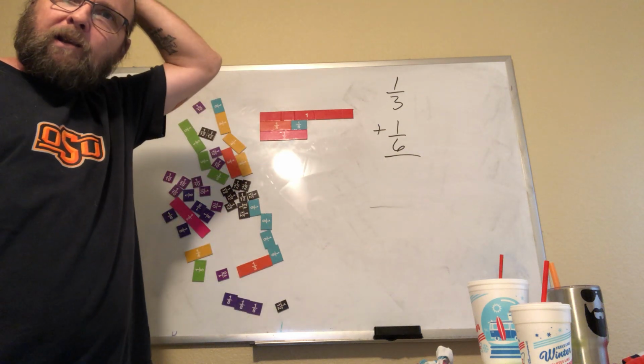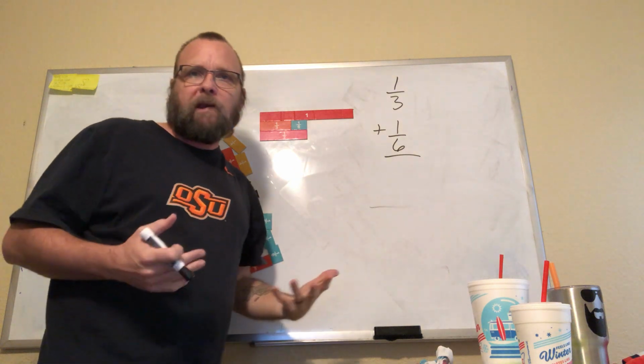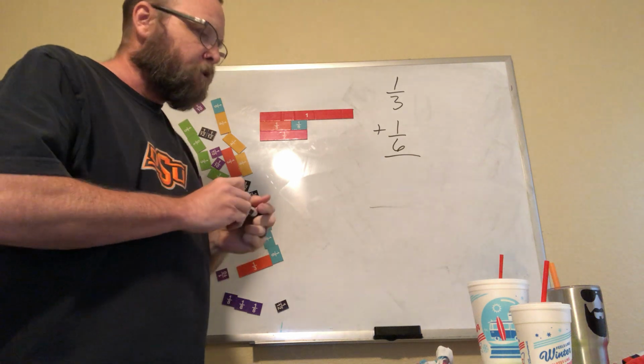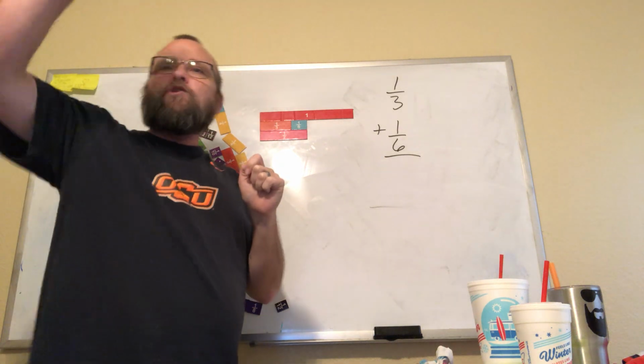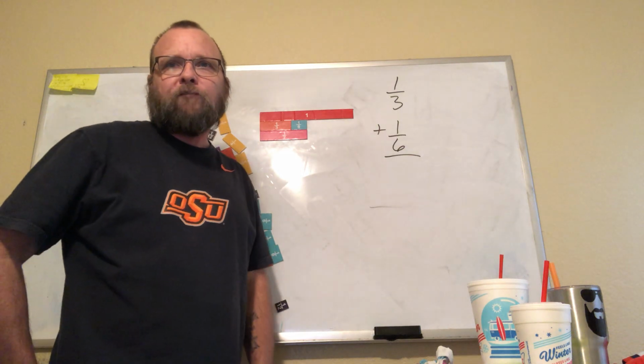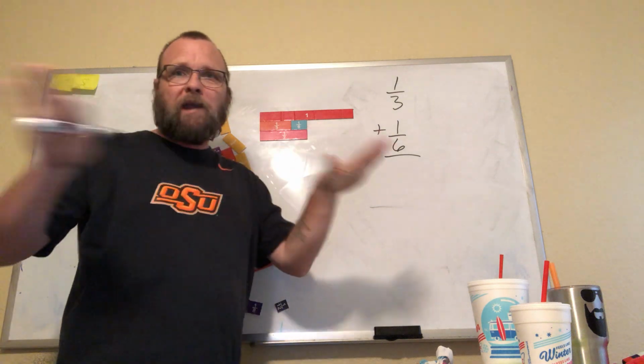But now let's look at how we do it with our standard algorithm, our actual mathematical equation. First thing is we have to find a common denominator. You cannot add or subtract fractions unless they have the same denominator. You can't.